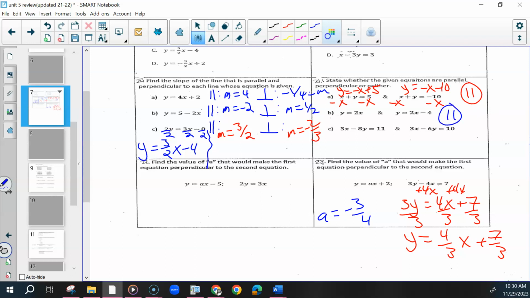For C, we have to solve. Subtract 3x on both sides of both equations, and divide by -8 on one equation and -6 on the other. I'm going to write these up here.